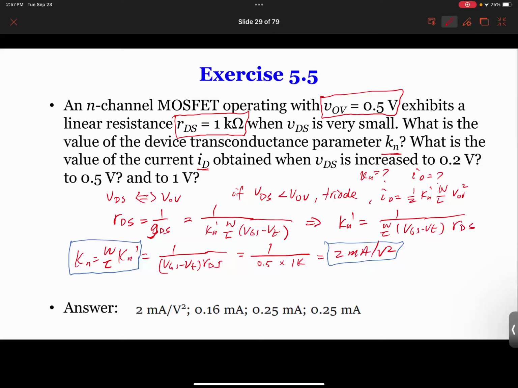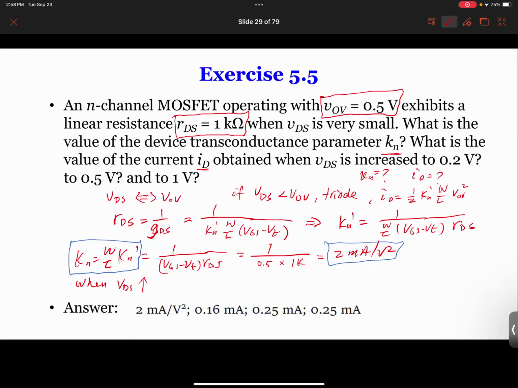Now it says this is for very small VDS, but when VDS increases, which is no longer like 0.something, but it's going to be 0.2 or 0.5 or 1 volt. When VDS increases to 0.2, this thing is still in triode mode, right?